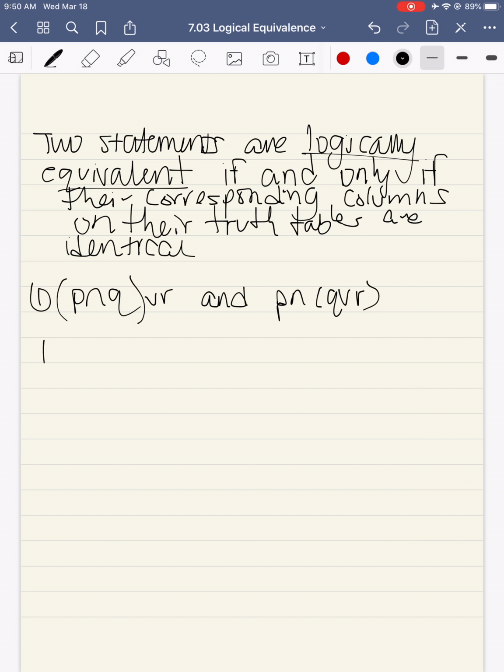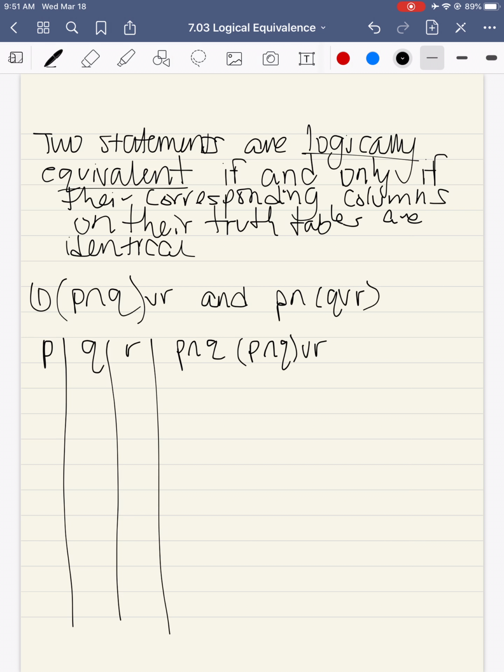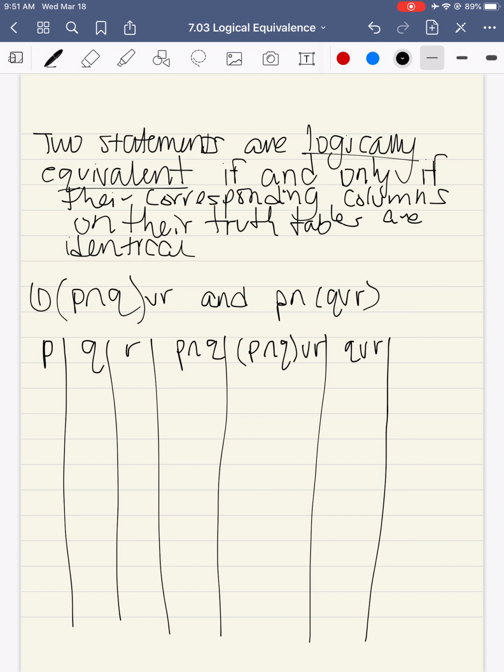So we have P, Q, and R. And then our first quantity we have is P and Q. Then we can have our first statement, P and Q, or R. And then we have Q or R. And then our final, our second statement, P and the quantity Q or R.